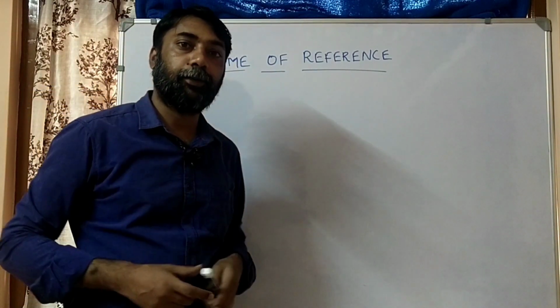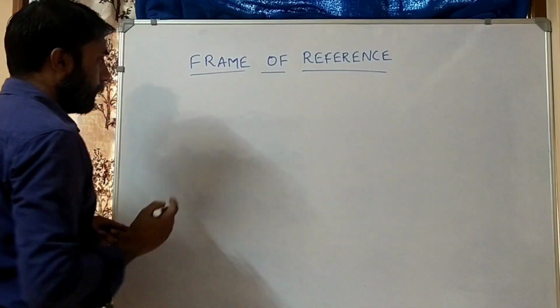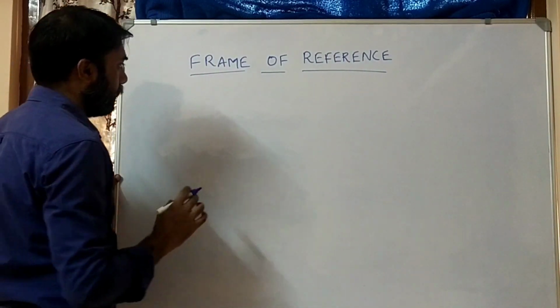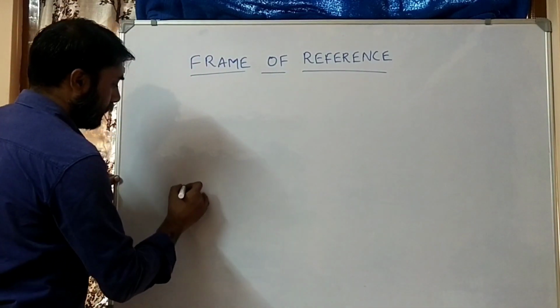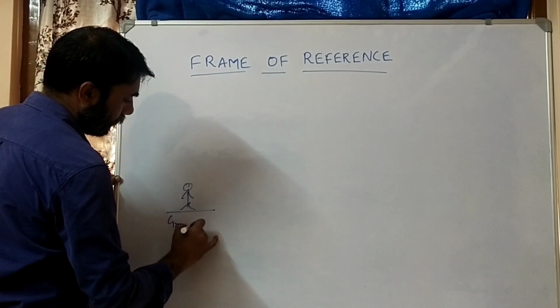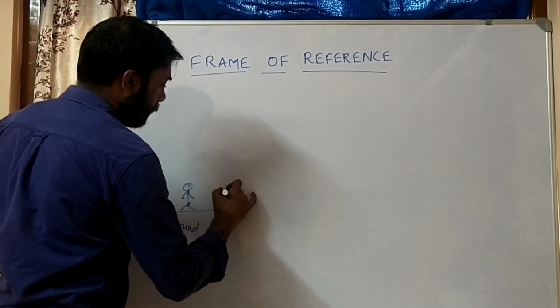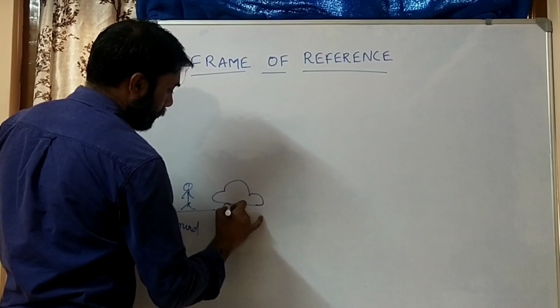That is kinematics. In kinematics, it is a very, very important concept. To properly understand, we can take three situations. In the first situation, we are standing on the ground. This is the ground, and one car is there.